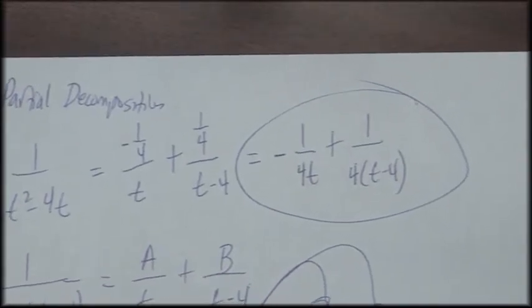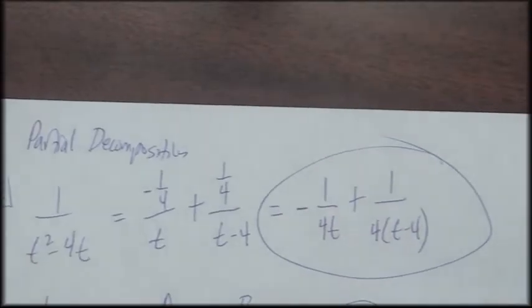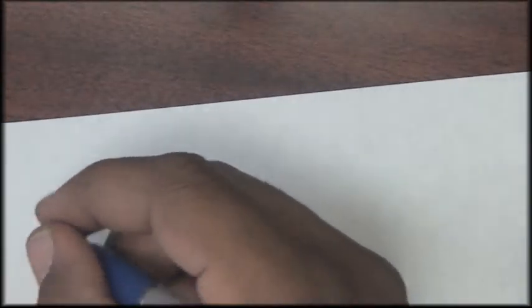Now we'll take a look at another example that has repeated factors. In this example, we want to find the partial fraction decomposition for the function 1 over x times the quantity x plus 1 squared.